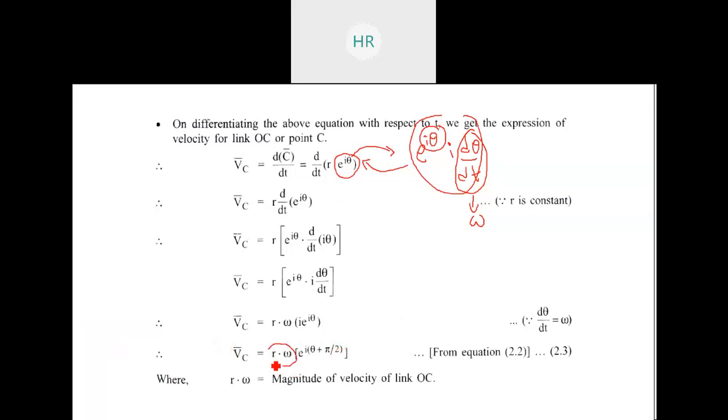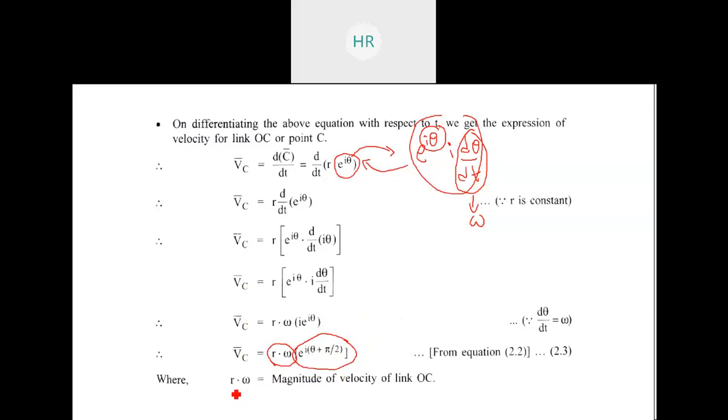So this is the magnitude of velocity and this is the direction of velocity. Okay. So this is how this equation for velocity is derived. Magnitude is omega into r and direction is e raised to I theta plus pi by 2.